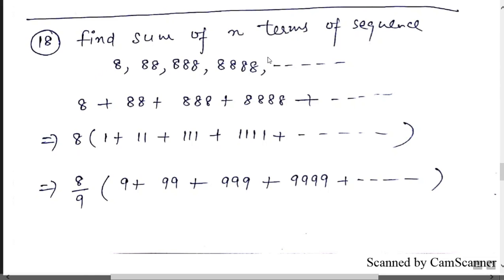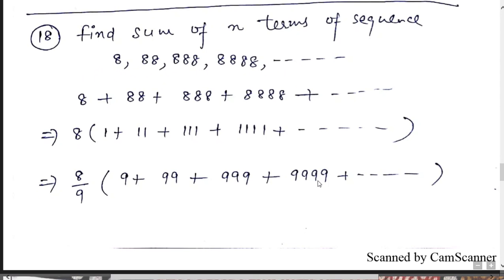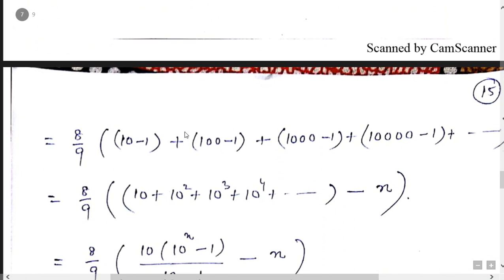You have to take this number common, then multiply and divide by 9. If 9 is already there, then it's okay. You have to develop 9 in this place. And after the development of 9, you can write it as 10 minus 1, 100 minus 1, then 1000 minus 1 like this. Now split this series into two parts.